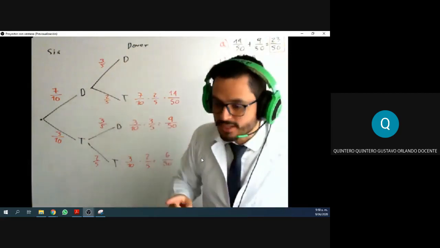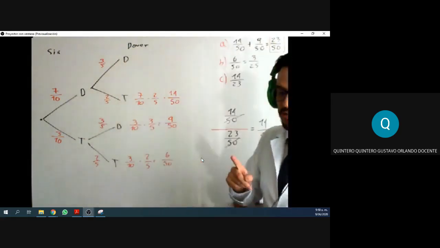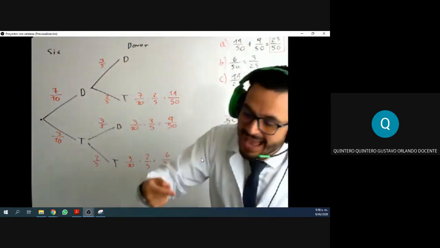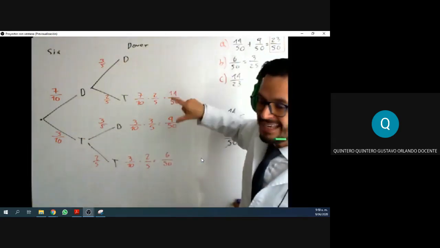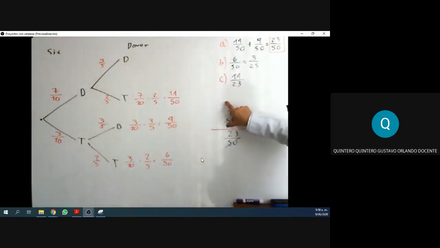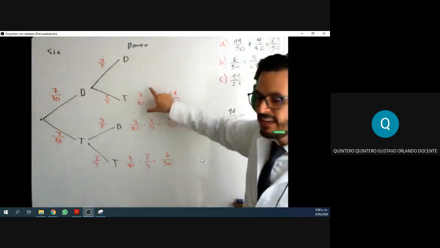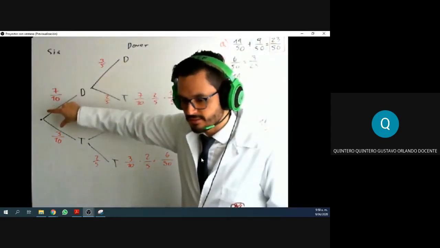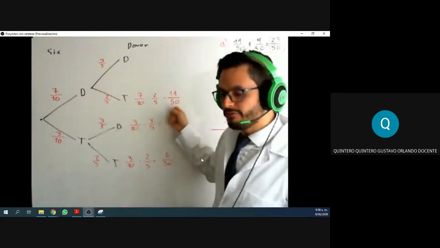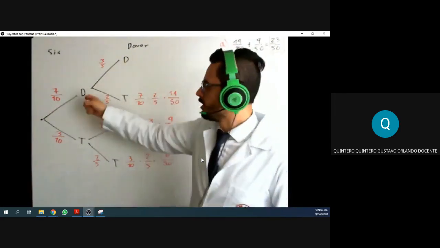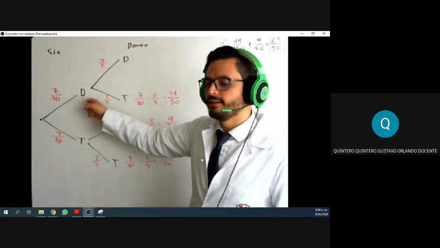But that is not the question. The question is, given that 14 over 50 is the first part, the "and", the intersection. These little options in here give me intersections. So here, 14 over 50, I have the intersection of being delayed and being on time.